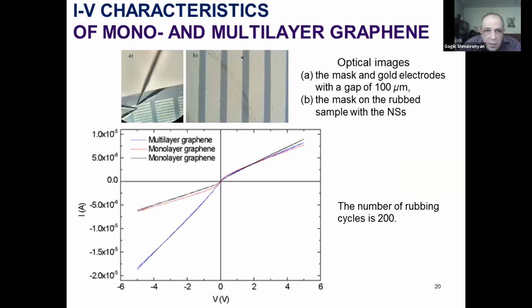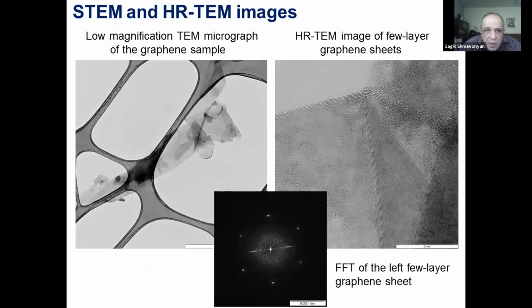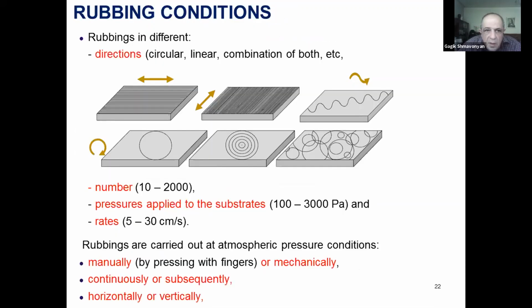Here is the comparison of mono and multi-layer graphene IV curves, and also STM and TEM images, which show that we have graphene finally. And here are the rubbing conditions.